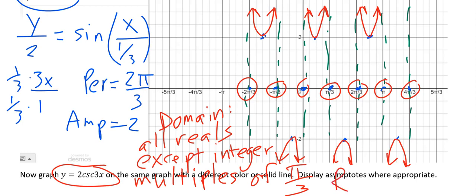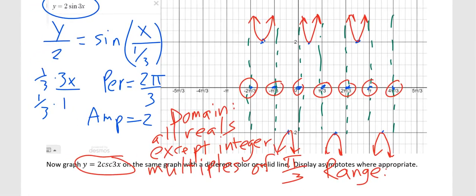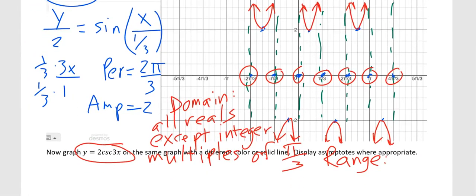What's the range? Yes? Well, I better look at this. Oh, yeah.